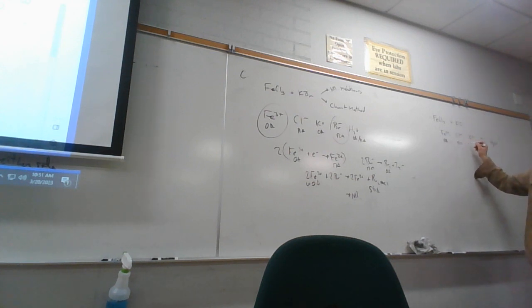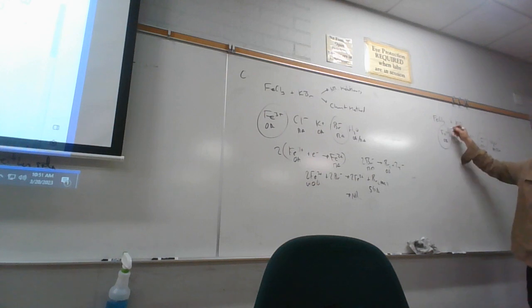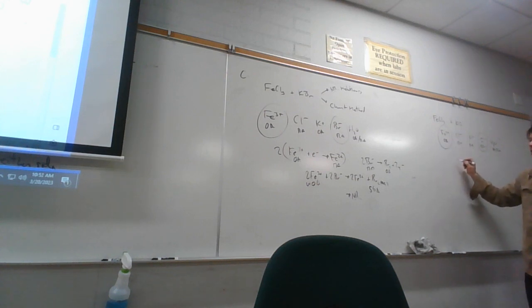OA, RA, OA, RA, OA, RA, both. Iodide's going to be the best reducer, Fe3+ the best oxidizer. So what we're going to end up with here is the same kind of thing. It's going to be 2 Fe3+ plus 2 iodides yielding 2 Fe2+ plus iodine.